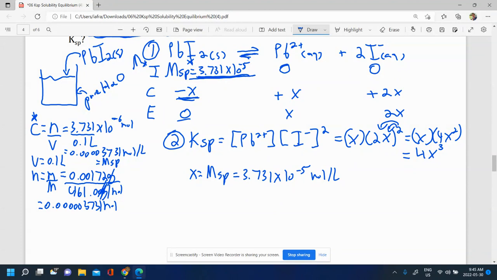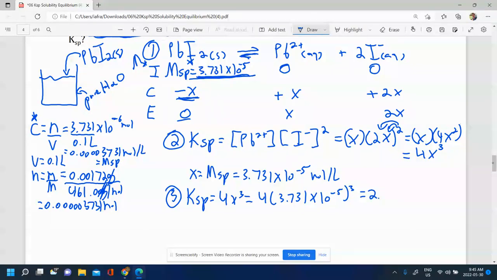Now, just like any other equilibrium constant, you don't need to report units for the KSP. So let's go ahead and just plug that in. KSP is equal to 4X cubed, which is equal to 4 times 3.731 times 10 to the power of negative 5, cubed. So let's go ahead and do that. This is to the power of 3, times 4.